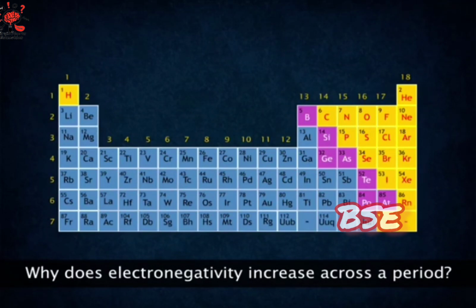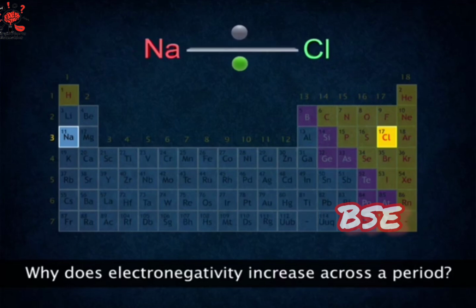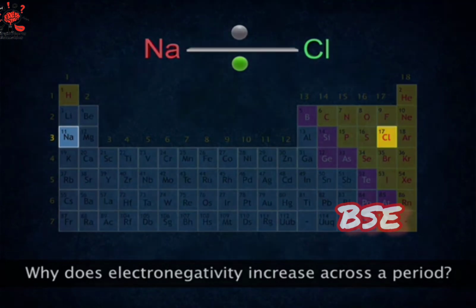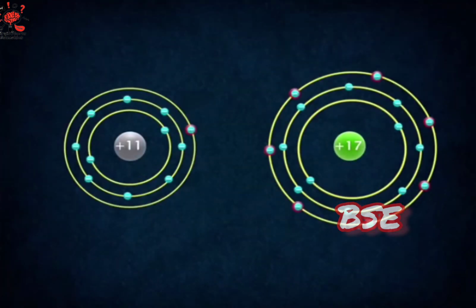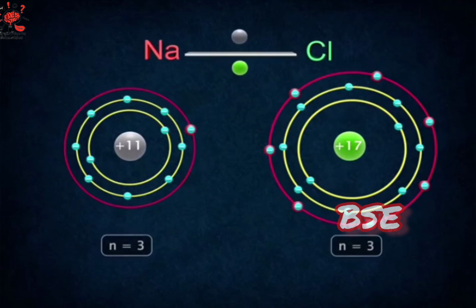Let us understand this by taking the example of two elements from period 3, sodium at the beginning and chlorine towards the end. Think of sodium chloride as if it were covalently bonded. The valence electrons in both sodium and chlorine are in the third shell or M shell.